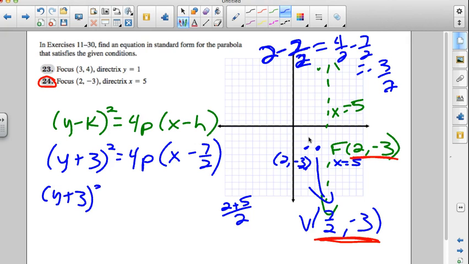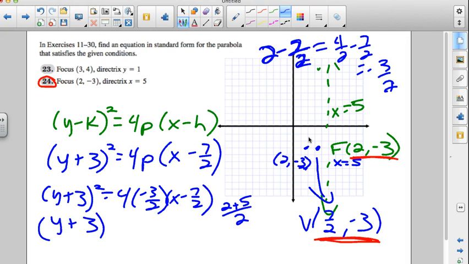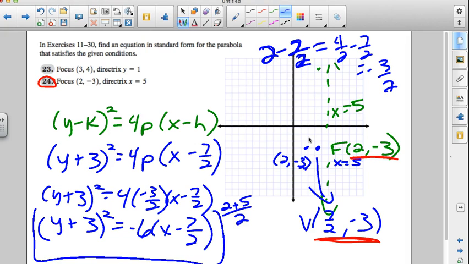So y plus 3 squared equals 4 times -3 halves times the quantity x minus 7 halves. And we would multiply out that 4 times -3 halves and get -6. And then we have it. So the quantity y plus 3 squared equals -6 times the quantity x minus 7 halves. And it was just those two that you had asked for.